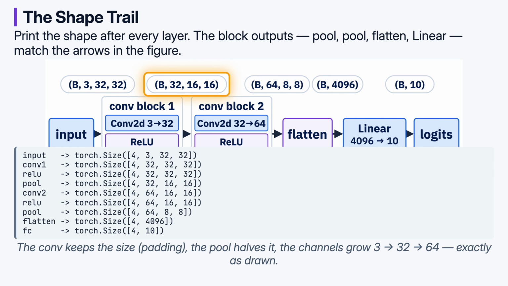That matches the arrow leaving block 1. Block 2 grows the channels to 64, and its pool halves the map again, 64 channels, 8 by 8. That matches the arrow leaving block 2. Flatten folds 64 by 8 by 8 into one row, 4 by 4096. And the linear turns each row into 10 scores, 4 by 10. The block outputs line up with the arrows in the figure.